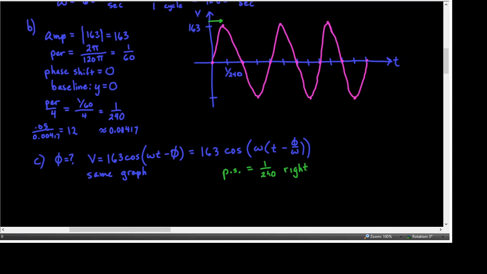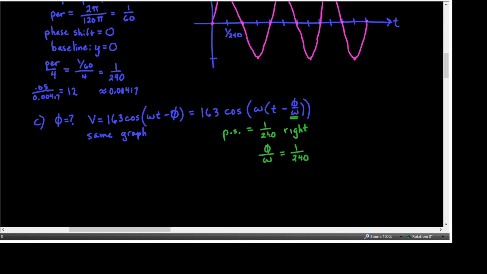And so for that to happen, that means that phi over omega has to equal that shift amount, 1 over 240. Because recall, this number in here is your phase shift.